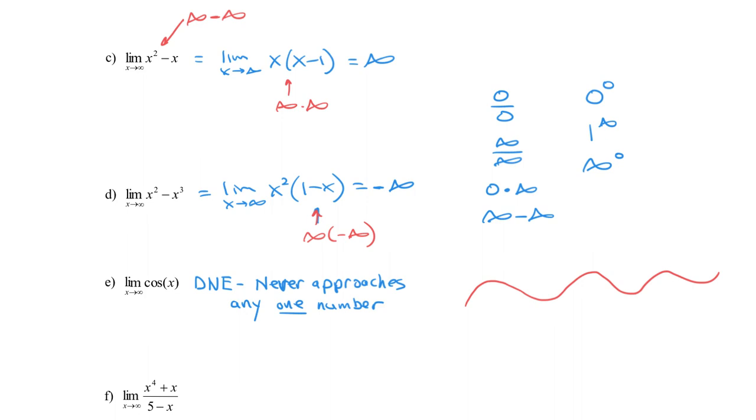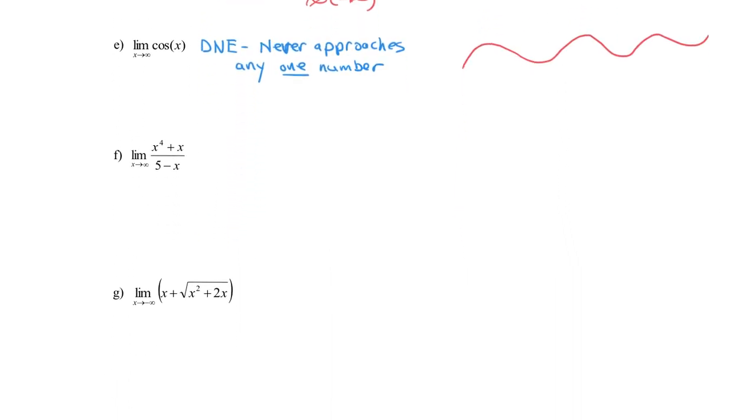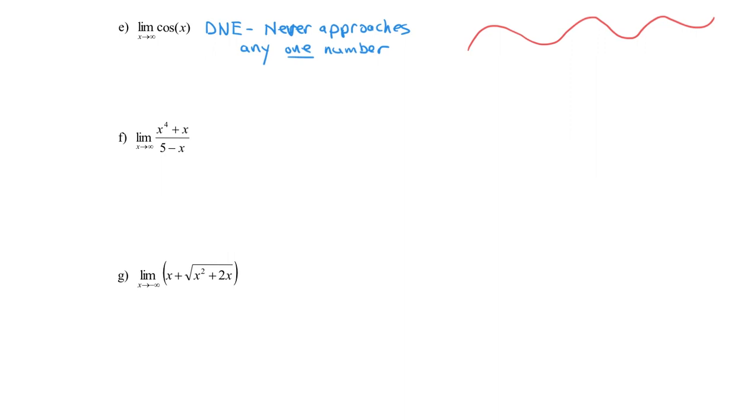All right, let's try this next one. Letter F, we've got a limit as x approaches infinity. We've got x to the 4th plus x over here, so this numerator is going to approach infinity. The denominator, though, is going to be approaching negative infinity. So we've got infinity divided by negative infinity.